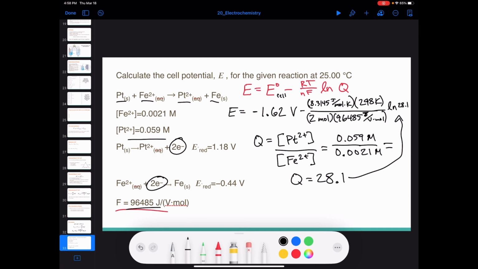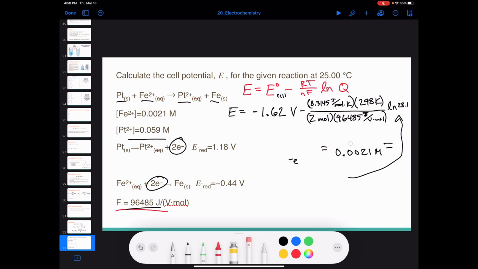Okay, so now I can erase everything else because we don't need those anymore. And now we can literally just plug in everything, right? So in my calculator, E is equal to negative 1.62 minus that whole thing times the natural log of 28.1. When I plugged this in, I found out that E is equal to about negative 1.66 volts. Okay, again, it's still negative. This is non-spontaneous.